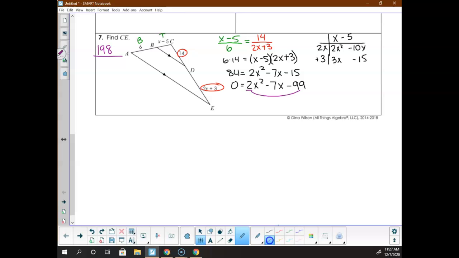I need to find all my factor pairs for 198. So I've got 1 and 198, 2 and 99, 3 and 66, 6 and 33, 9 and 22, and 11 and 18. I know the 11 and the 18 is going to get me to that negative 7.